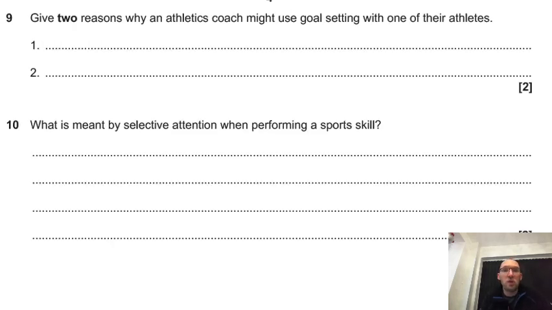Give 2 reasons why an athletics coach might use goal setting with one of their athletes. Most candidates scored the full 2 marks for this question, showing a good understanding of the importance of goal setting in sports performance. So what we're looking for is for exercise, training adherence, to stick to, continue training.